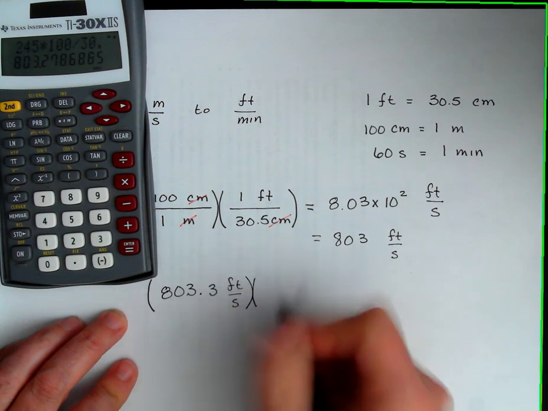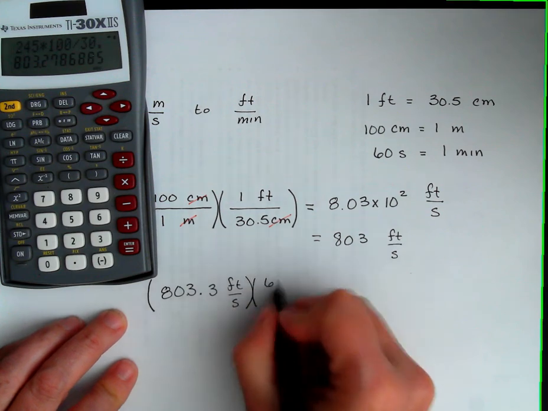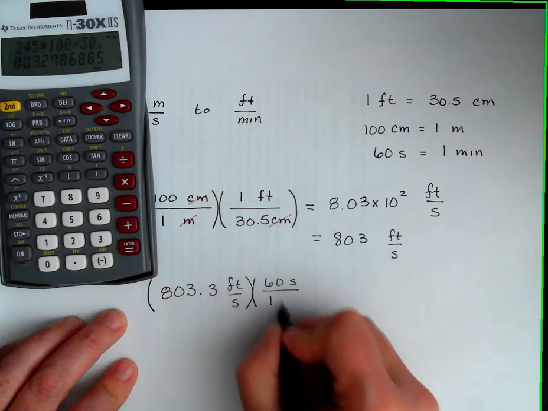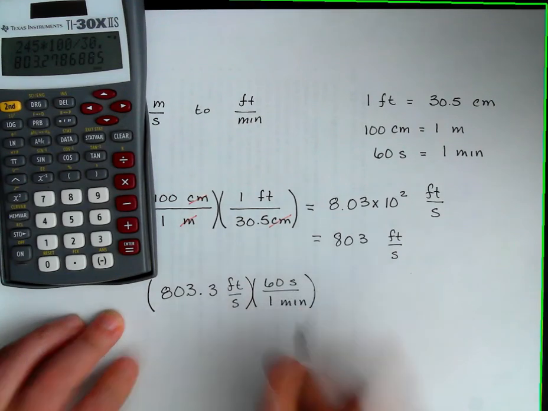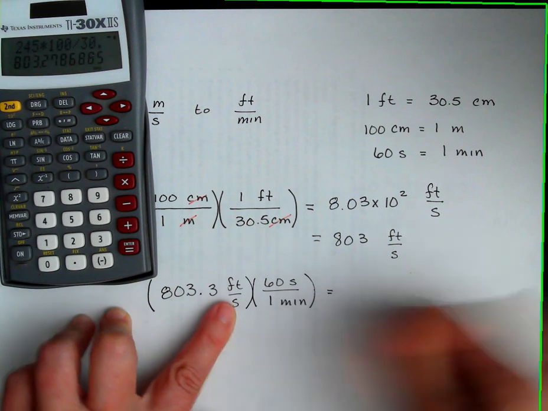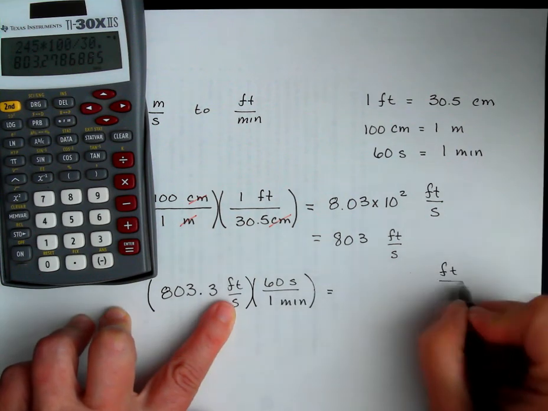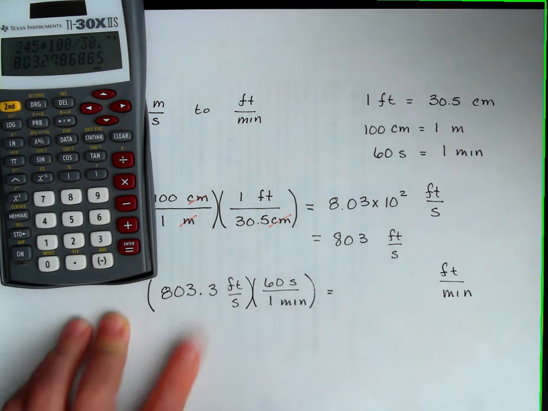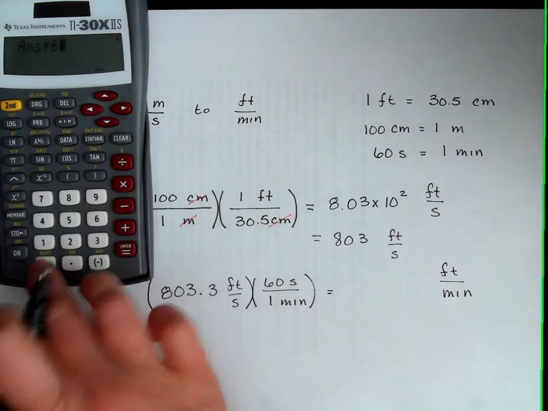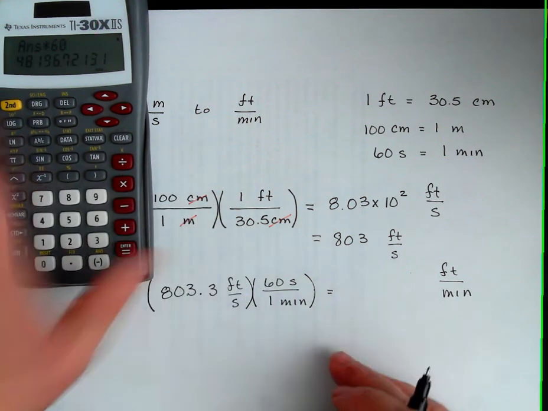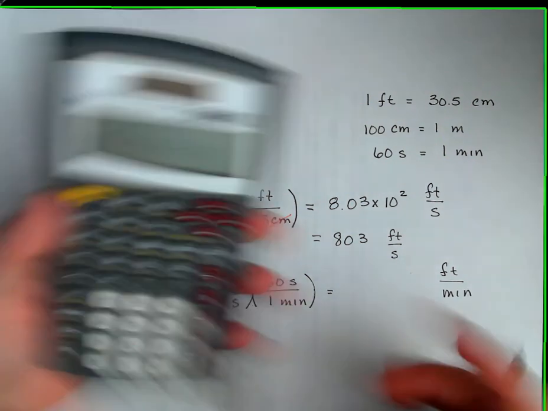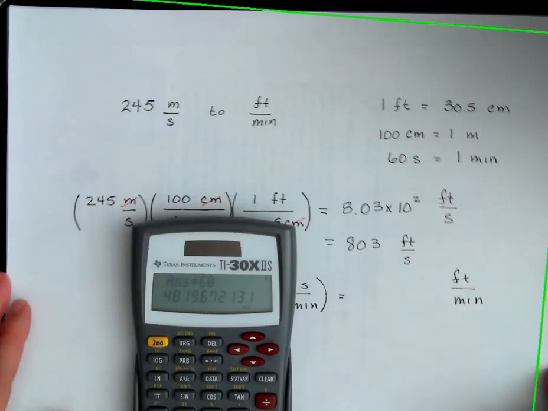And we know that there are 60 seconds in 1 minute, and I want to make sure my minutes are on the bottom because I want my answer in minutes, so I get feet per minute, and I'm going to multiply that times 60. And now I'm going to go ahead and do my rounding to 3 significant figures, so you see what the calculator says.